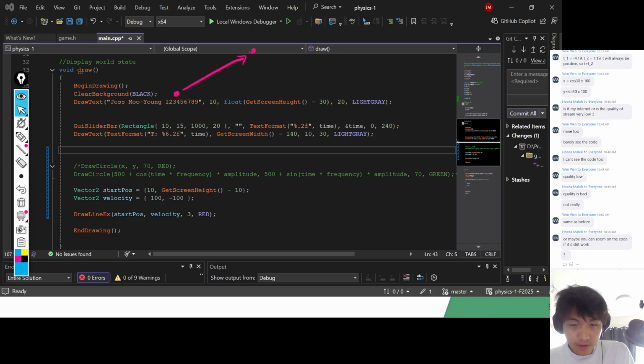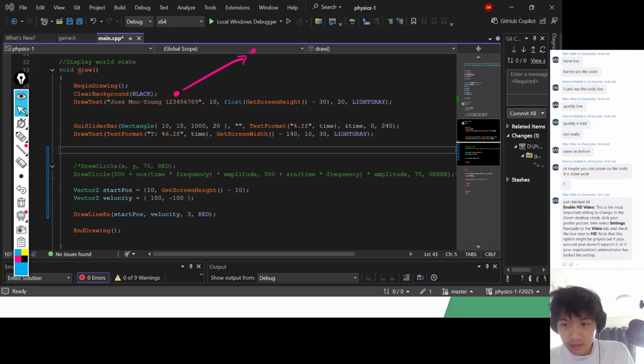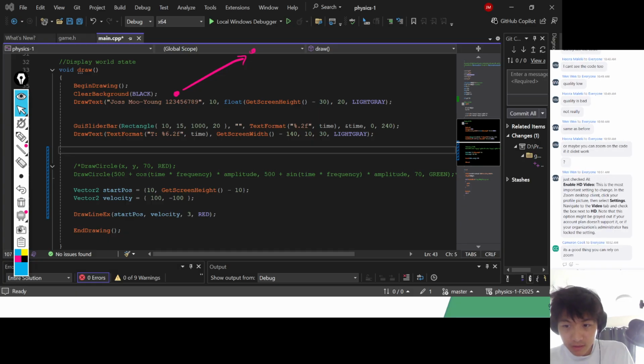Oh yeah, the resolution is really poor. It's 640 by 360, but that is not my streaming resolution. That's awful. Yeah, the HD button is on, but it hasn't been changed. Yeah, it's a good thing the college wants us to use Zoom, isn't it?